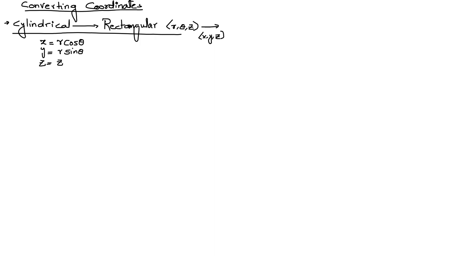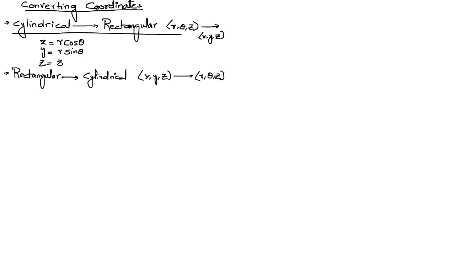Now the second formula is that if the rectangular coordinates are given, and you want to change them into the cylindrical coordinates, it means x, y, and z are given, and you want to change them into r, theta and z.